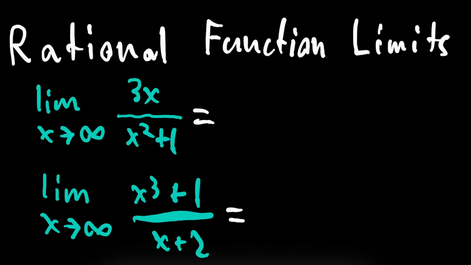One core concept of analyzing functions as they approach infinity is to look at the growth rate of the function itself. In the case of rational function limits, you're taking a look at the numerator and the denominator here, and seeing how their growth rates compare. As x approaches infinity, any constants in this expression are going to be insignificant.